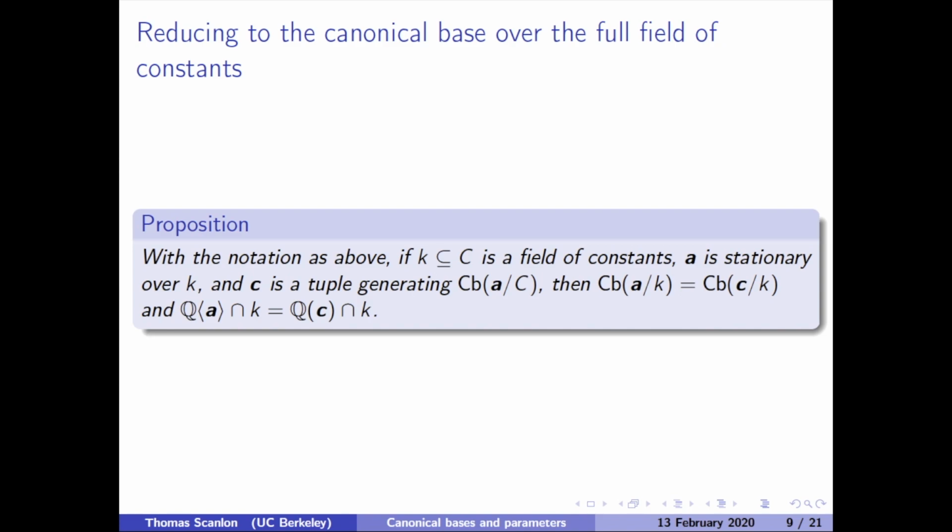Now, morally, what goes into this? You're trying to determine what are the coefficients you need in order to describe the system over some small field. And, well, you can compute what happens over the full field of constants. And so you have some system of equations defined over this new tuple C, over the full field of constants. But this tuple C, of course, maybe is not actually defined over K. It's in some algebraic variety.